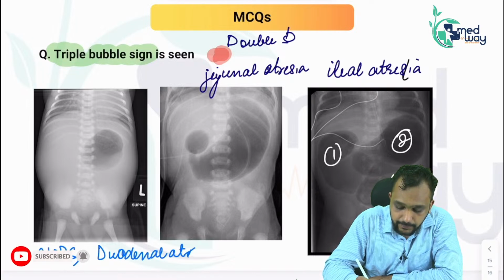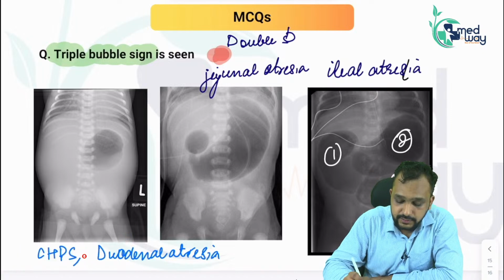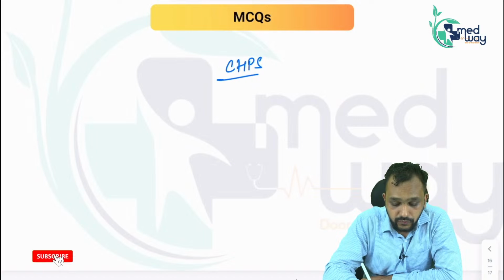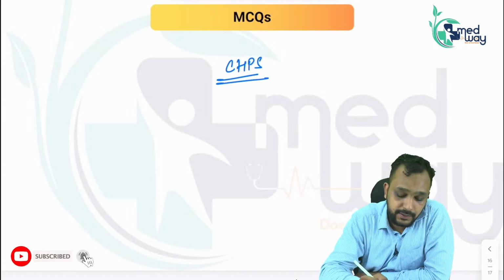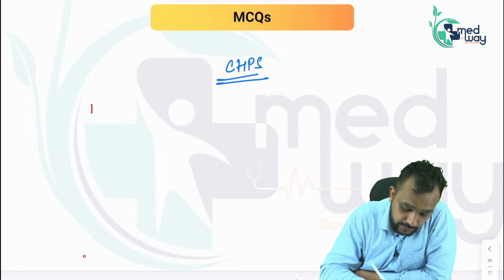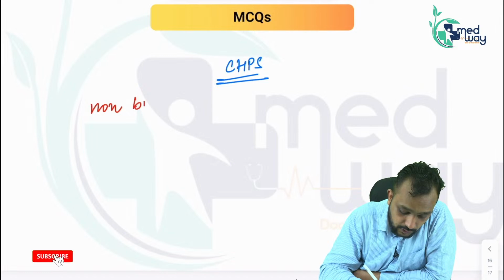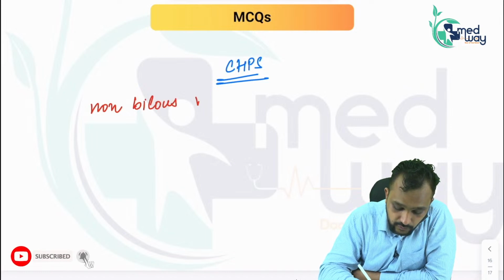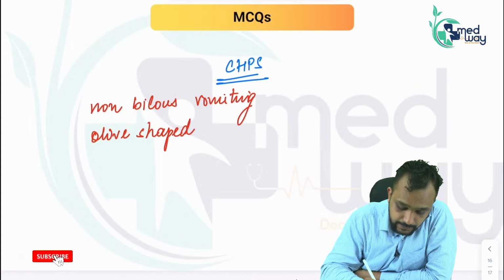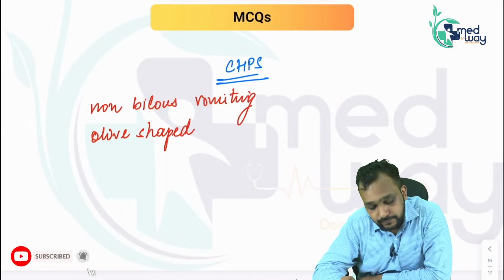So congenital hypertrophic pyloric stenosis is another very important topic you should know. So when do we diagnose a patient with CHPS? The patient will present with non-bilious vomiting. You can also palpate an olive shaped mass in the right upper quadrant, right?